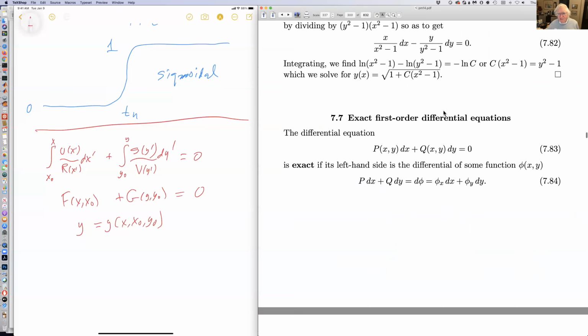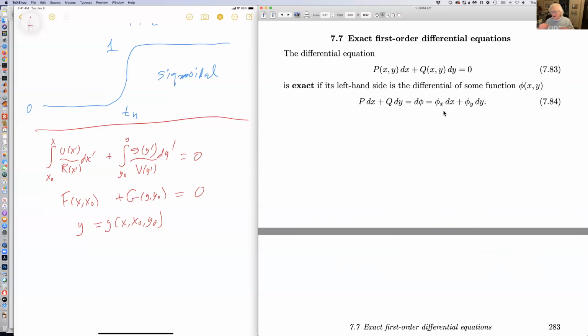Now, here's an important concept that I guess first occurred in this part of the differential equation theory, but then has propagated since then into many areas of mathematics and physics for that matter.